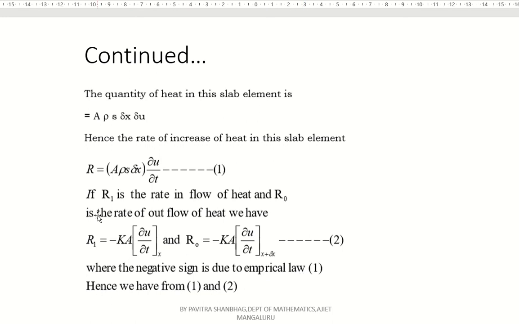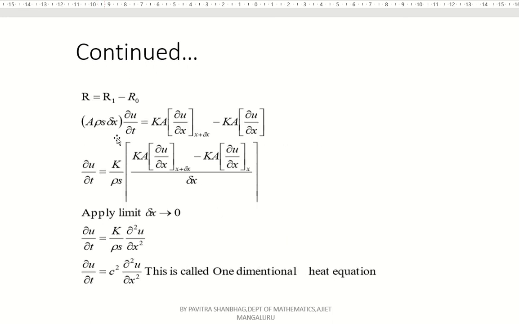Now from these two expressions, what is meant by R? R0 minus R1 gives us the total R. So what is the difference? KA ∂u/∂x at the point x plus delta x minus KA ∂u/∂x at the point x. But what is R?